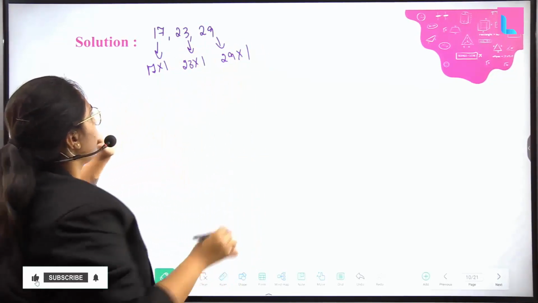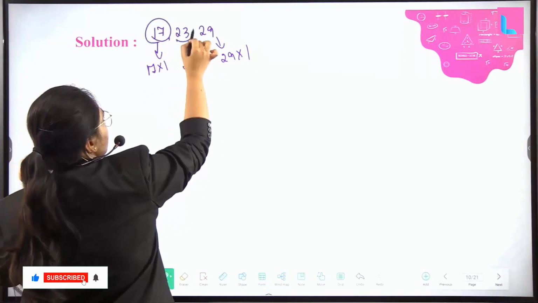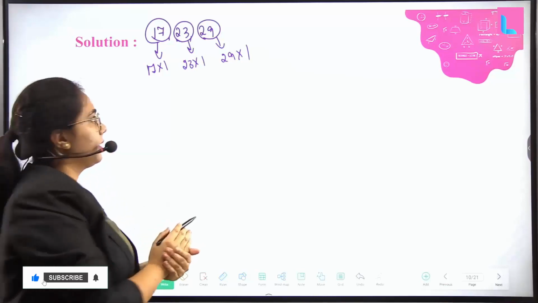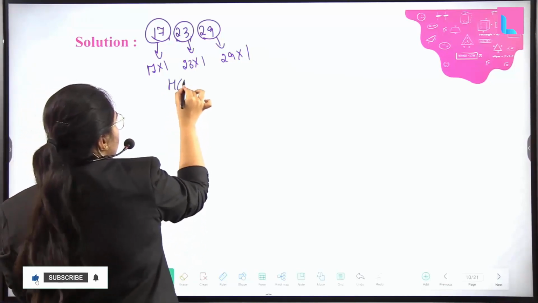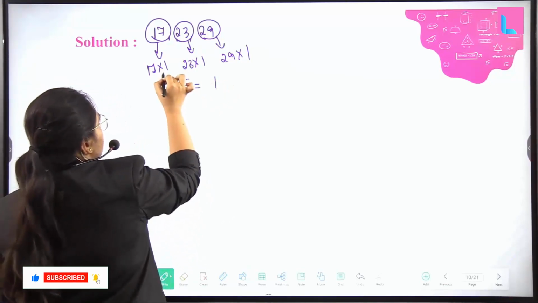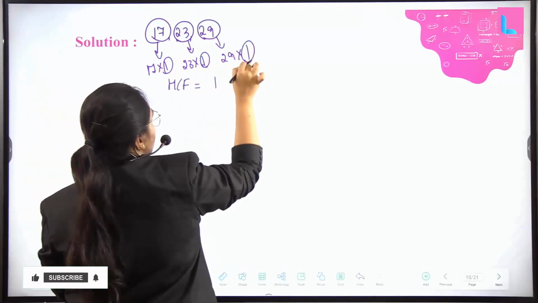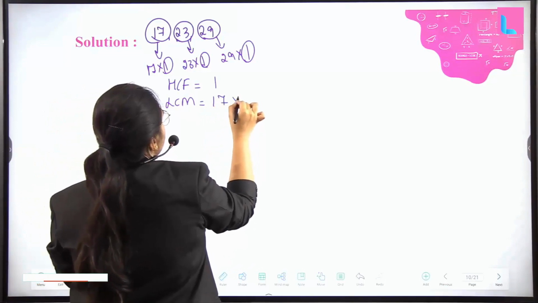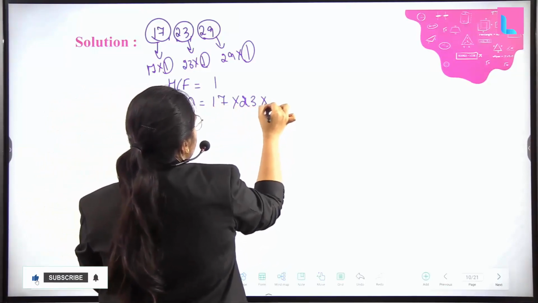There are no factors for these numbers. 17 is a prime number, 23 is a prime number, 29 is also a prime number. HCF is 1 and LCM is 17 into 23 into 29.